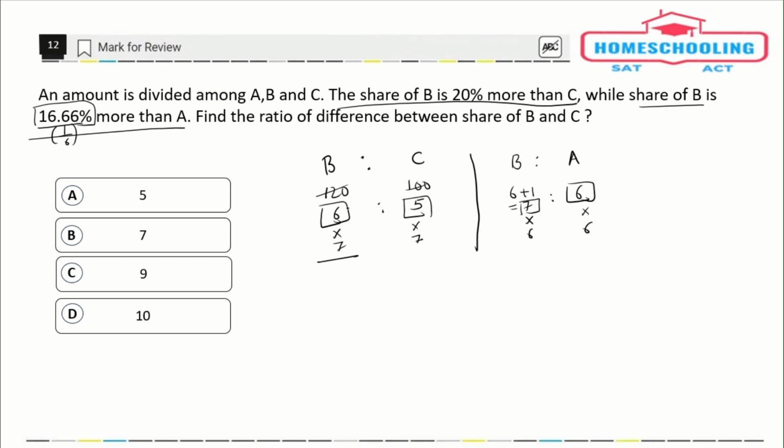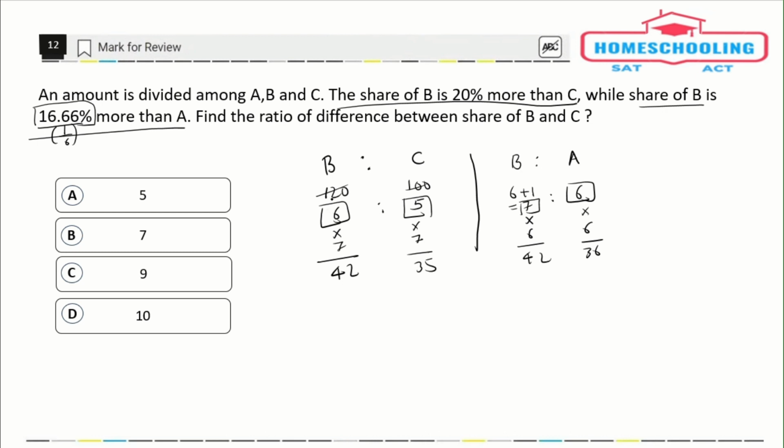So 6 into 7, that would be 42, and 5 into 7, that would be 35. Similarly, 7 into 6, 42. Whatever we multiply, we multiply both numbers of a ratio by the same number.